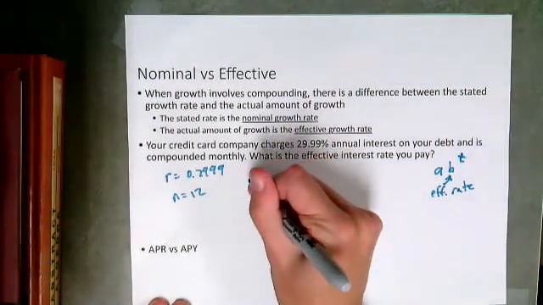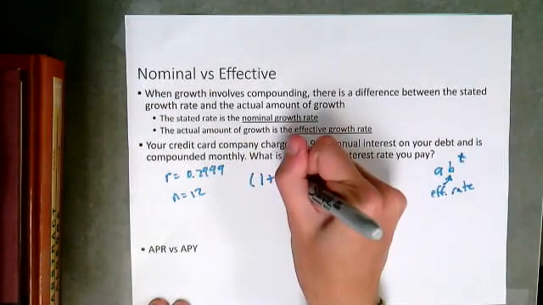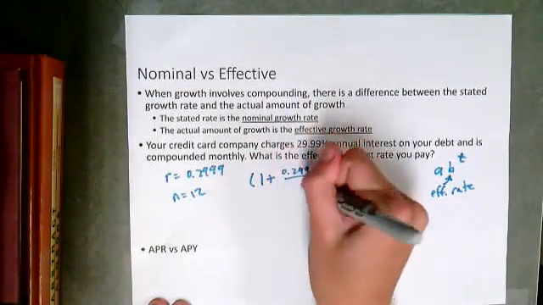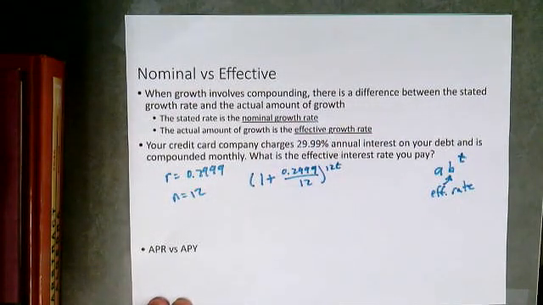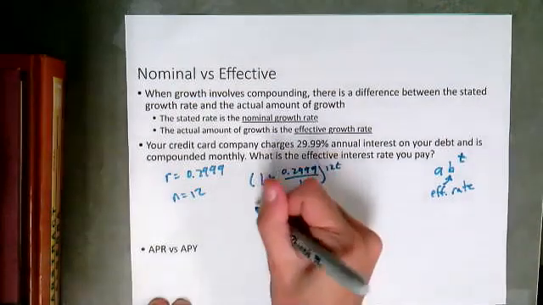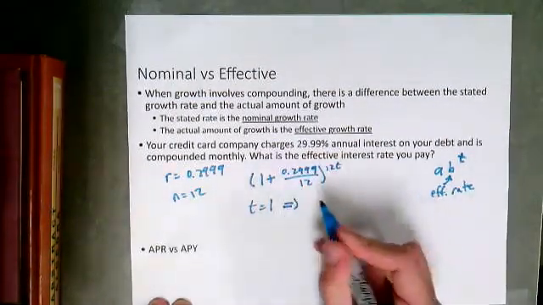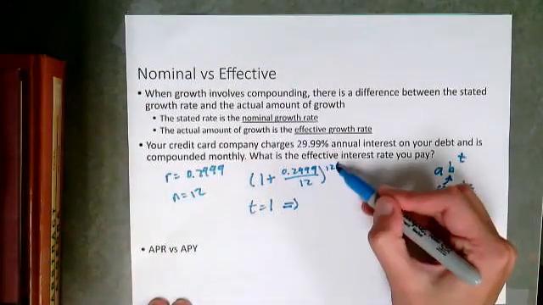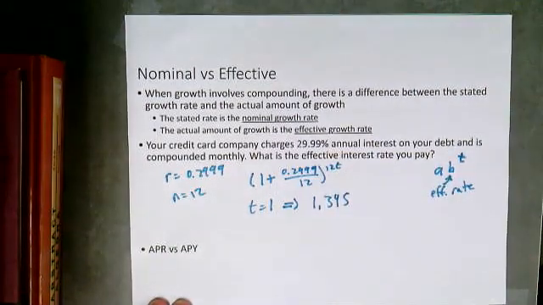So 1 plus R over N, so it's (1 + 0.2999/12) to the 12T, yeah? Well, when T is 1, what does this boil down to? Well, number crunch, plug in 1 for T, and you get 1.345 roughly.